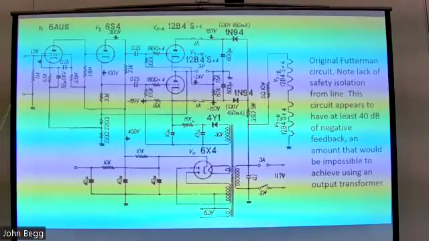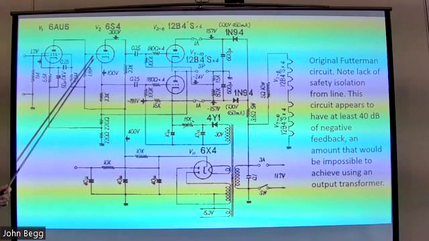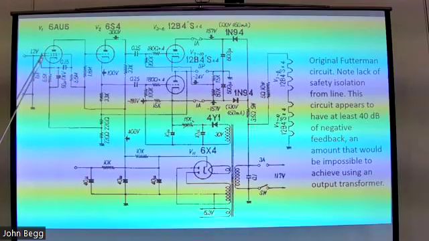So the dominant pole here comes from, you've got a high impedance with the first tube, 6AU6, and a lot of gain. And then you've got the second tube that it is driving, which is a low mu triode with quite a bit of Miller capacitance. So your dominant pole is the plate resistance here and Miller capacitance here.